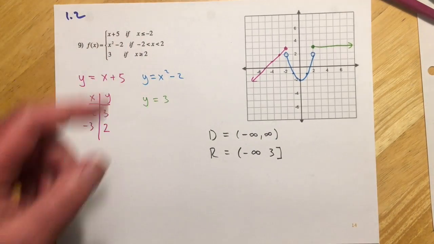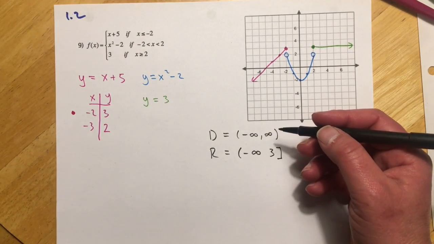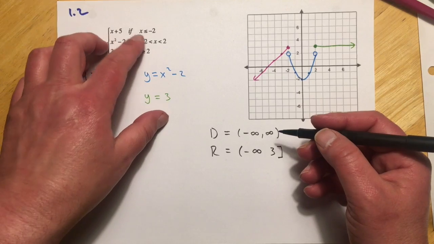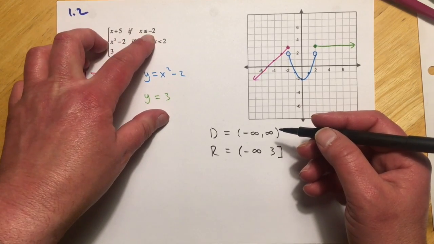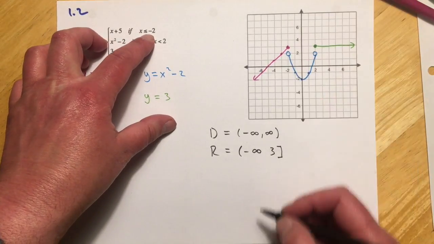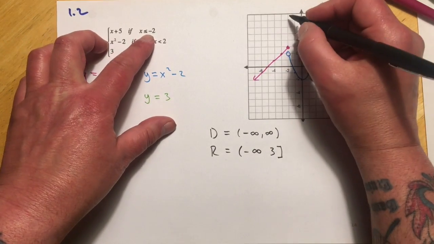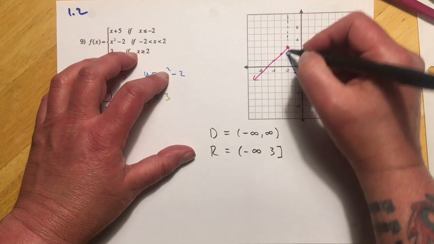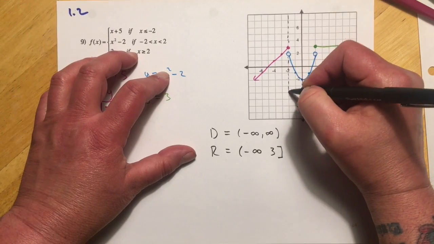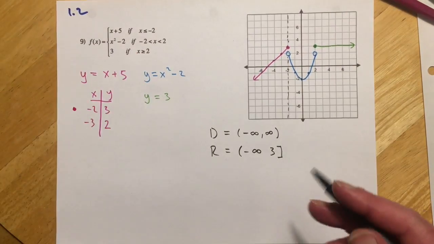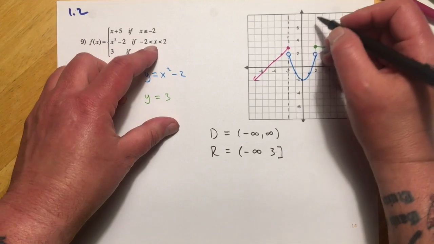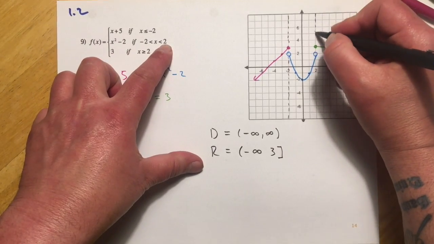So the thing I wanted to say about these, not a bad thing to do at the start, is to take x is less than or equal to negative 2. So that's a kind of a vertical line right here. And I don't want to give the impression that this is an asymptote, because it is not. But it can kind of help, just mentally as you're trying to work these things out. And then the other one's at 2.